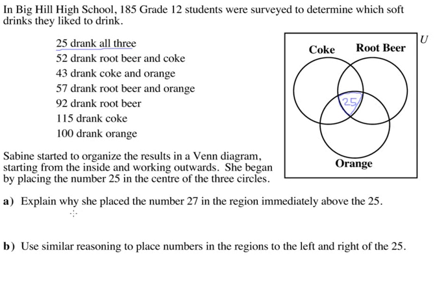Then, why would she put the number 27 in the region right above it? Any idea? That's people who drink Coke and root beer, but not orange. Where did 27 come from? There is no 27 on this list. Do you see why? Take a minute.